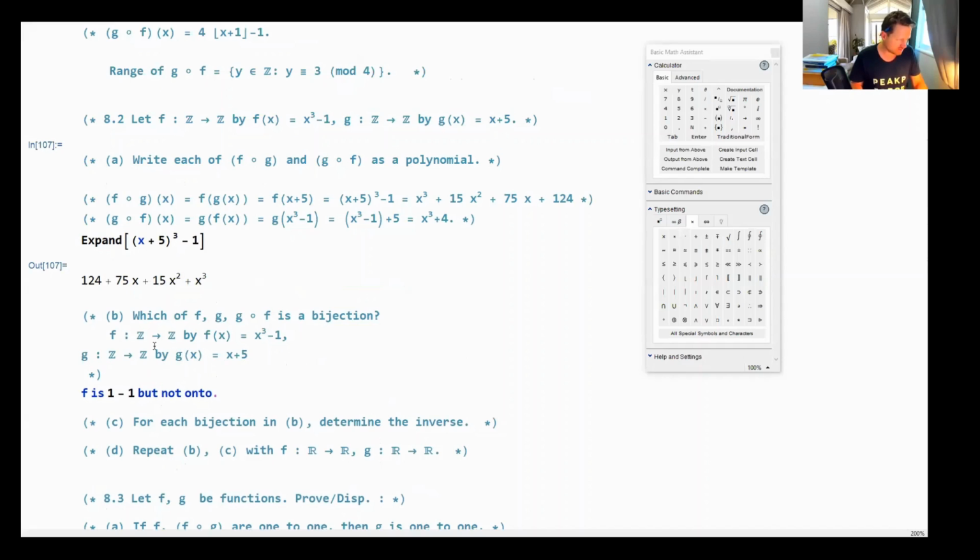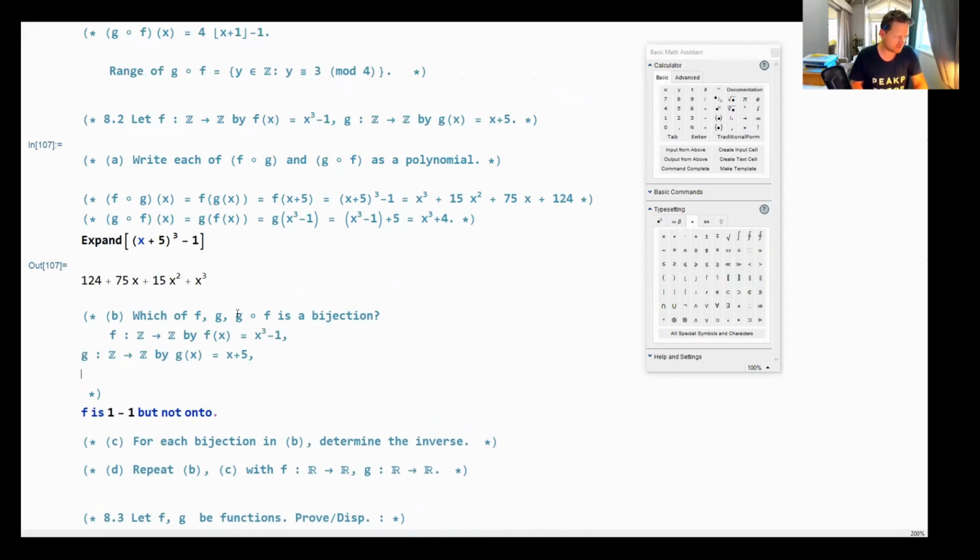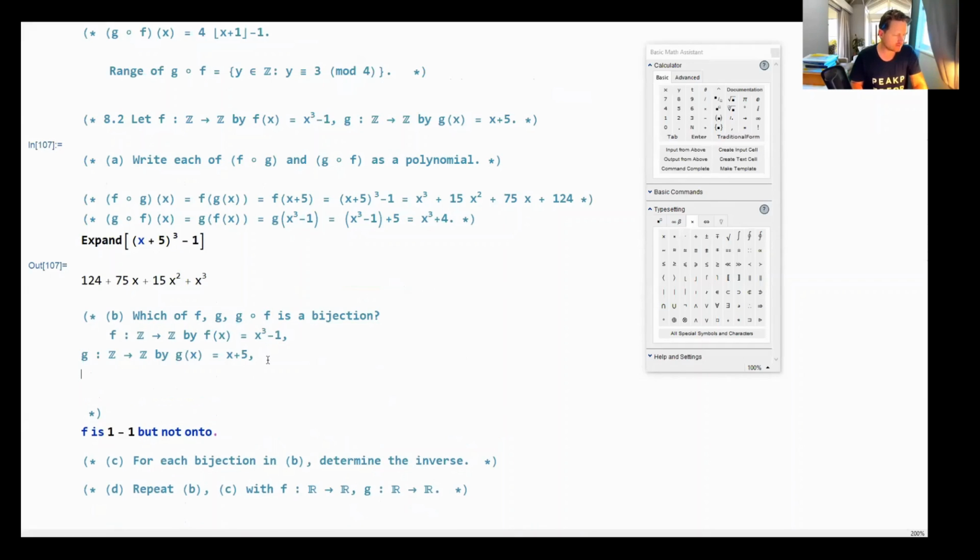So this is g right here. Okay, and then we also need g composed f. Now that was this one. g compose f equal to this, and it also sends integers to integers.